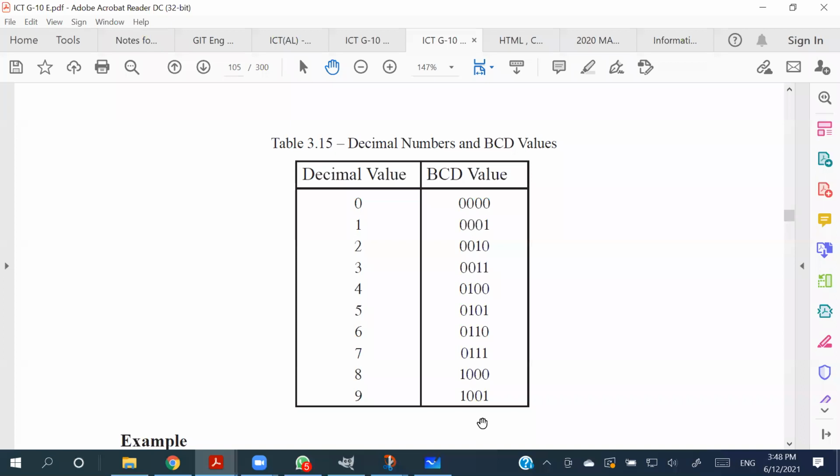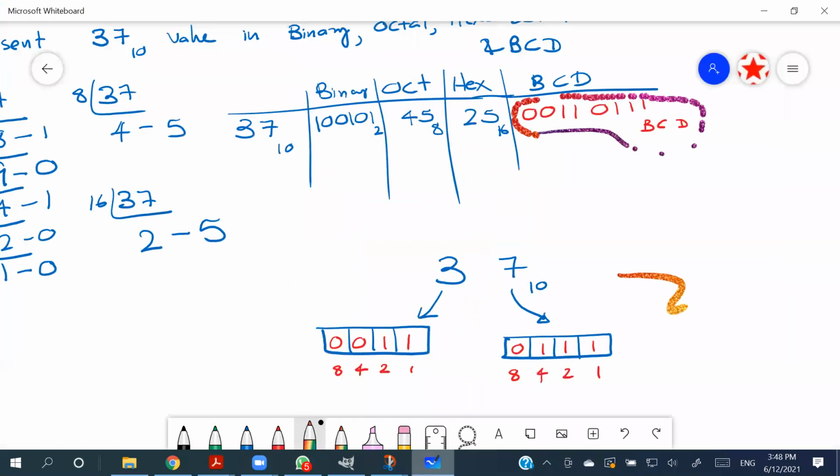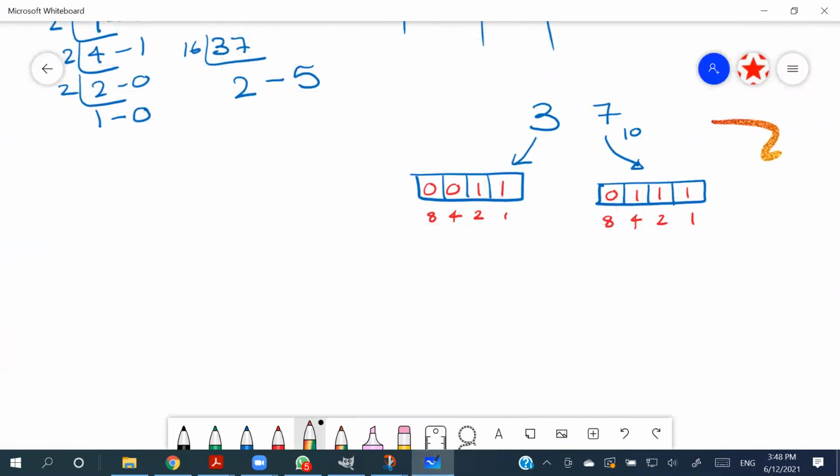So if you want to represent 100 different characters, definitely 4 bits are not sufficient, because using 4 bits we can write only 16 different combinations, right?